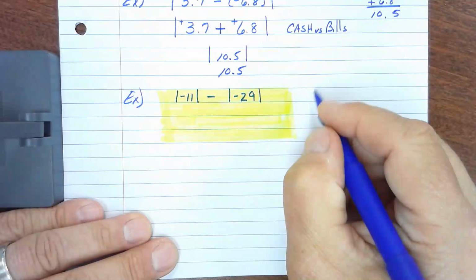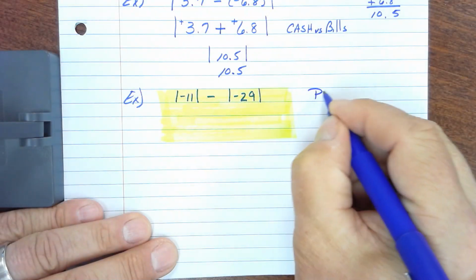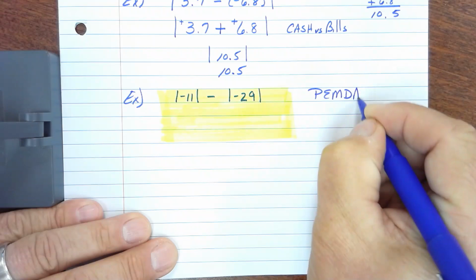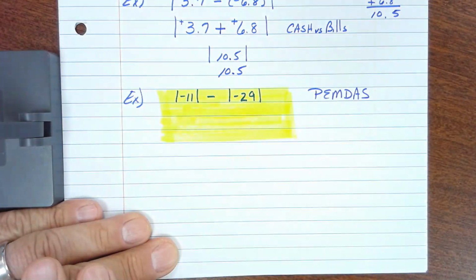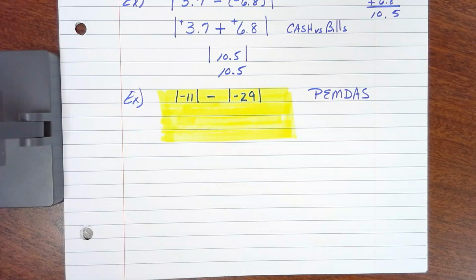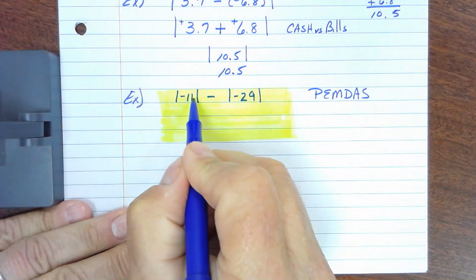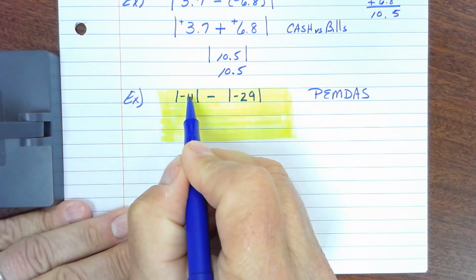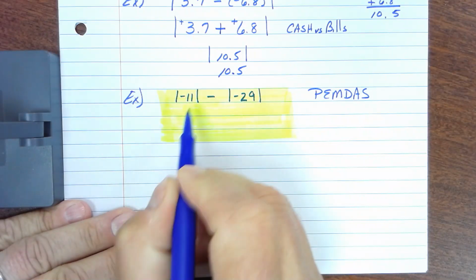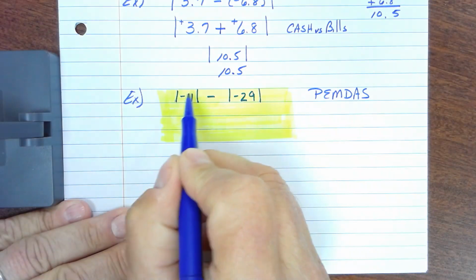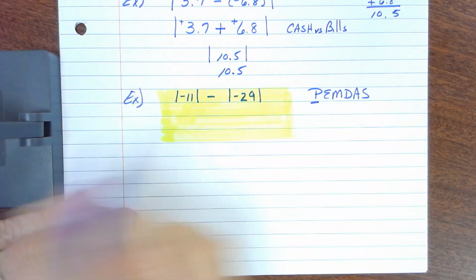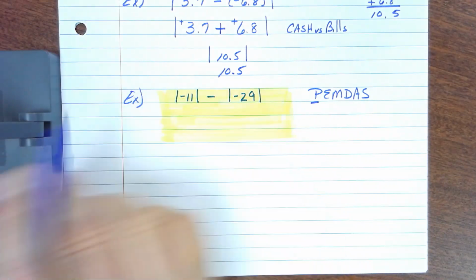Now remember, we always have to honor the order of operations. We always have to honor the PEMDAS. And by that I'm asking you, is there anything inside of this, because the absolute value signs are part of the P, is there anything I can do to this?